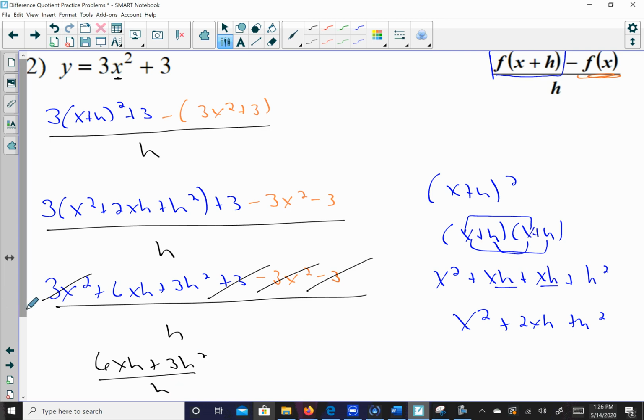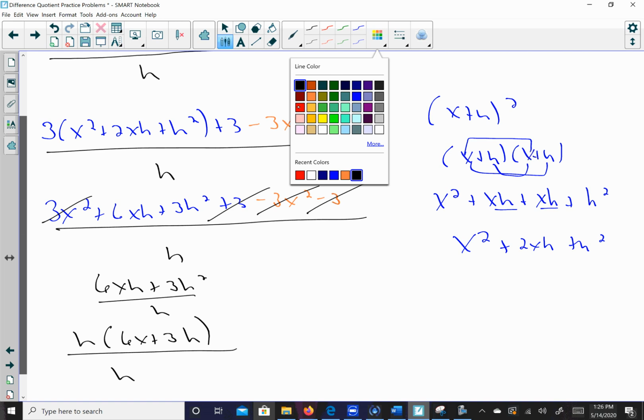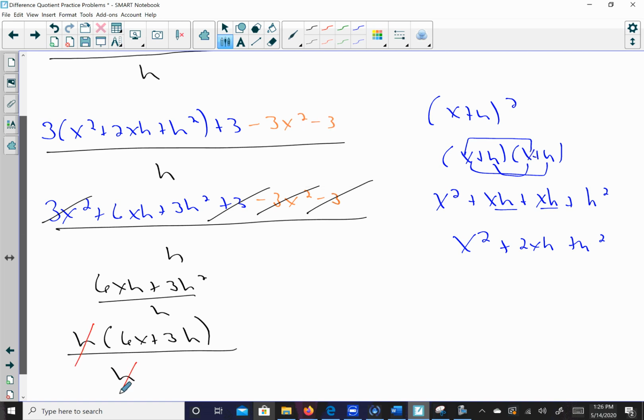And what I'm going to do is look in the numerator, and I see that they both have an h in common, so I'm going to factor out an h and make it h times the quantity of 6x plus 3h, and when I factor one of these h's away, I'm going to have just h all over h. The h's will now simplify, and my final answer is going to be 6x plus 3h, and that is my final answer.